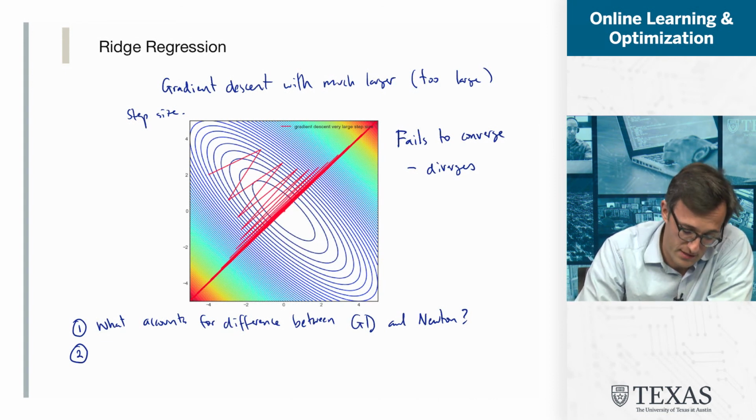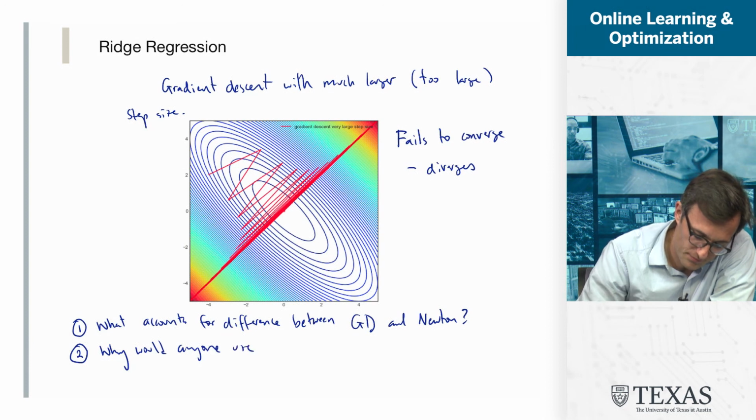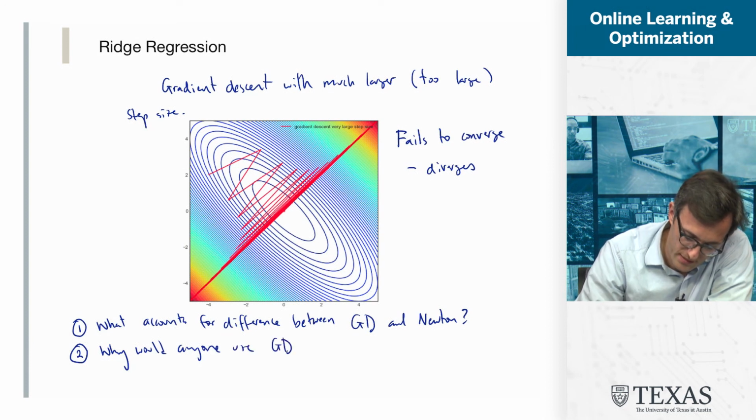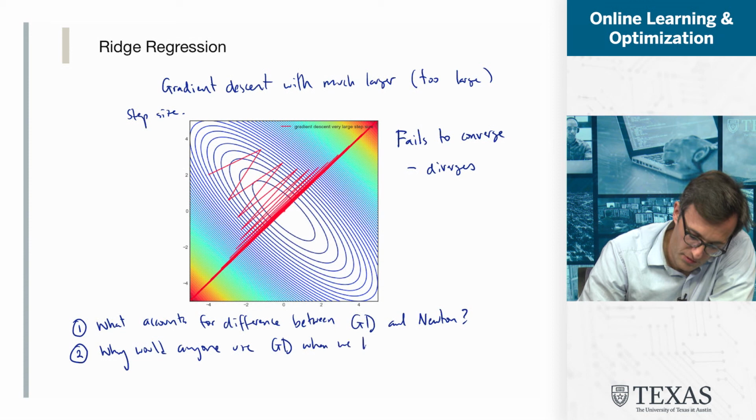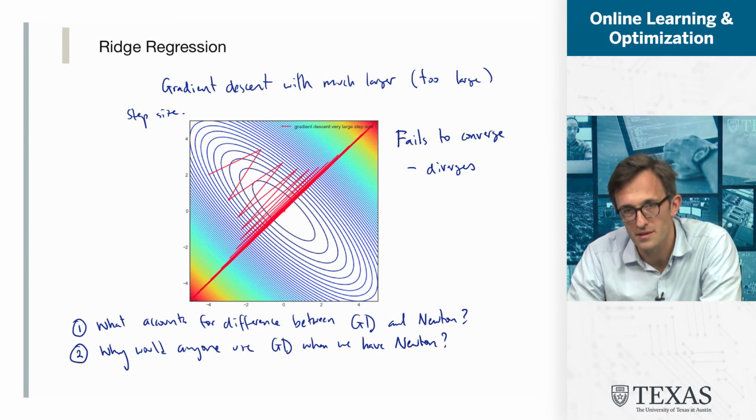We should also ask, and this is a little bit of an easier question to answer, why would anyone use gradient descent when we have Newton? So this is something that is worth thinking about. There's a computational answer here.